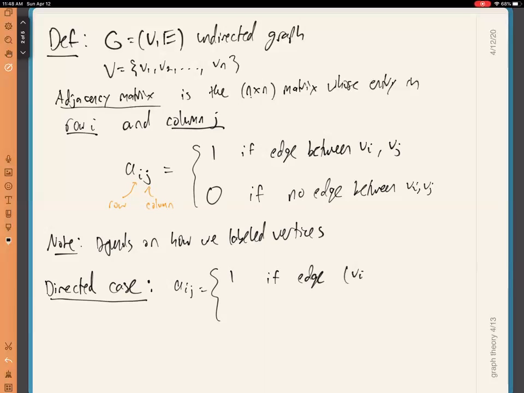So I have an edge from vi to vj, meaning vi is the initial vertex and vj is the terminal vertex for the edge, and then 0 otherwise. But other than this obvious modification where you take into account the direction, otherwise it's the same sort of thing.